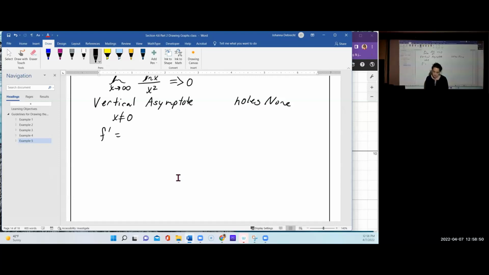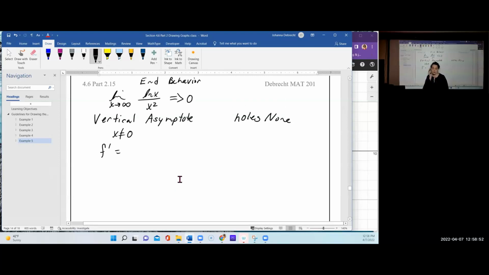So we're looking at a function of natural log of x divided by x squared. So if we want to, we can write our function over here in a couple of different ways. You can leave it as natural log of x over x squared, or you can write it as x to the -2 natural log of x.